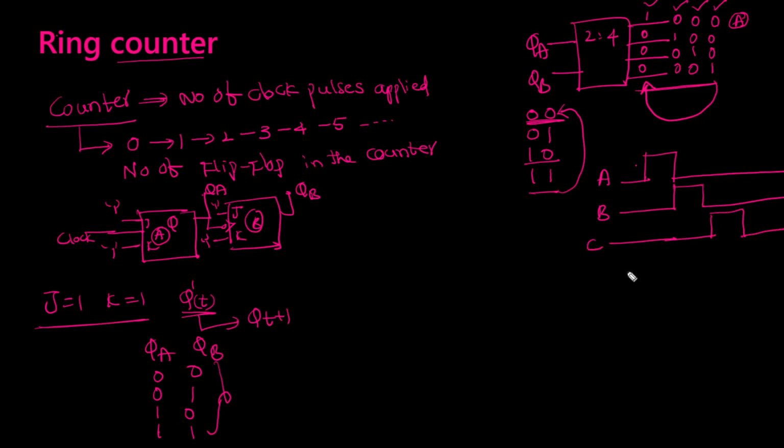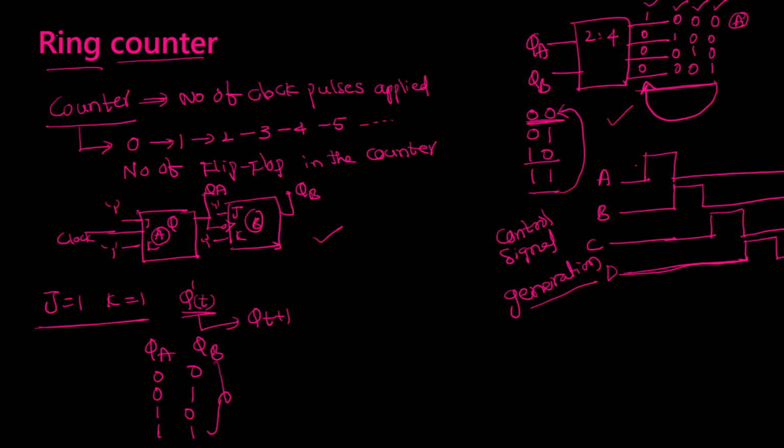So in a particular sequence we are able to generate it. This way of generating a particular sequence is nothing but control signal generation using a ring counter. This is how we can generate the control signals by using a counter and decoder.